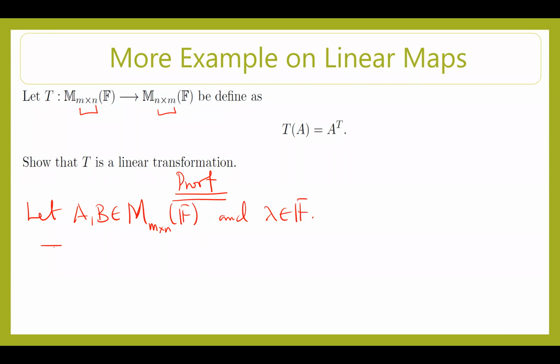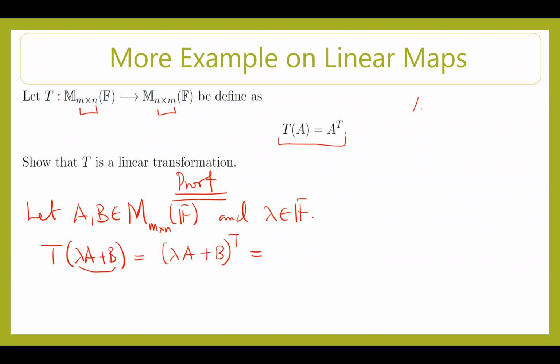We want to show that T of lambda A plus B is lambda T of A plus T of B. Now, by the definition, T of A gives A transpose. So T of the entire matrix is that matrix transpose, so (lambda A plus B) transpose.